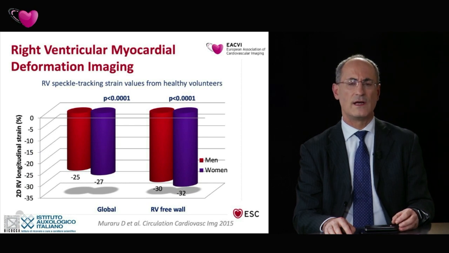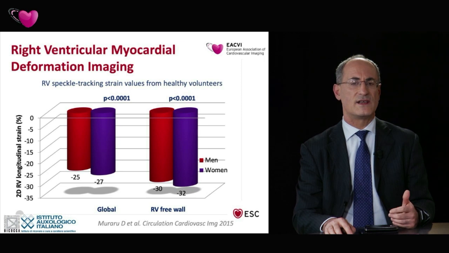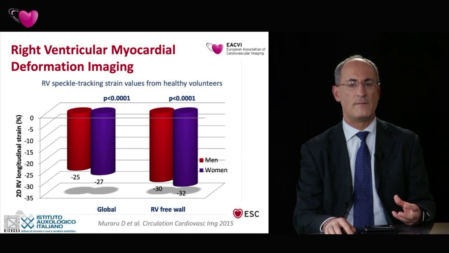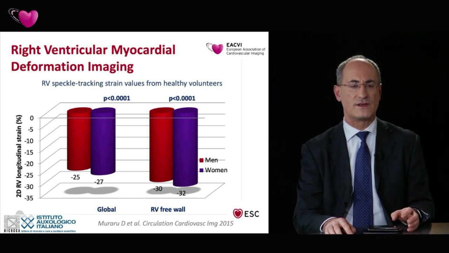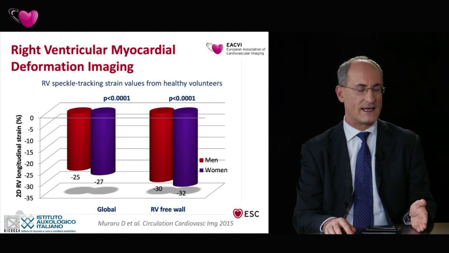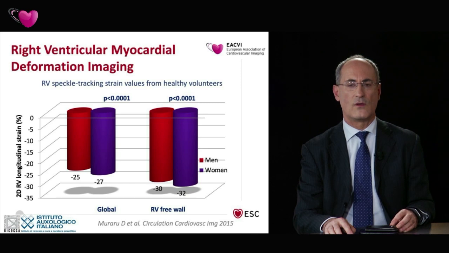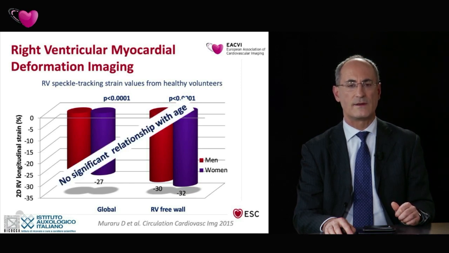One other point about the normal values is that there is a difference between men and women, and as usual, women have better myocardial deformation than men. This is exactly what happens on the left. And for both genders, the values at the right ventricular free wall are higher than at the global or four-chamber, just to underline once again this important point.